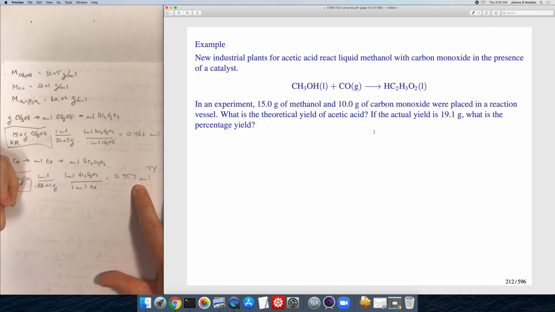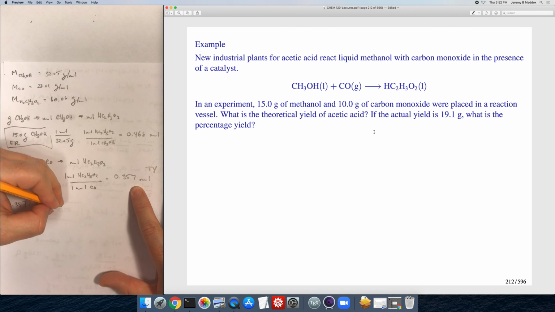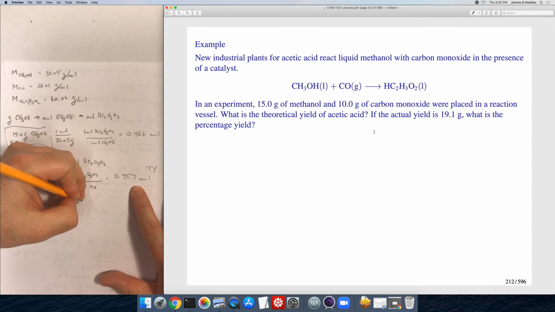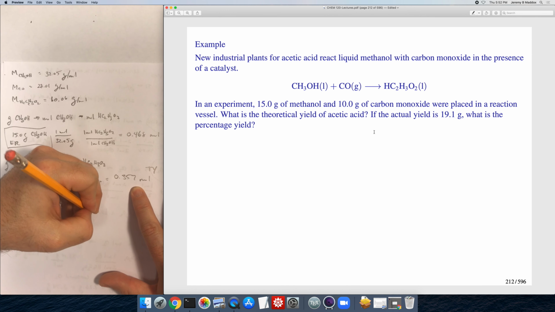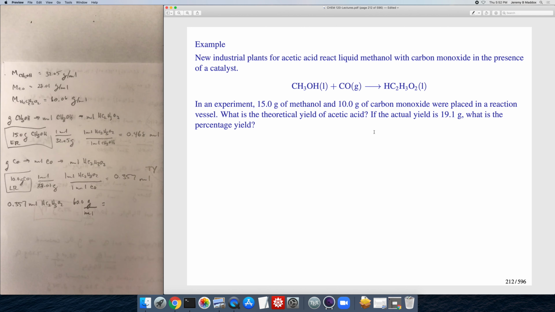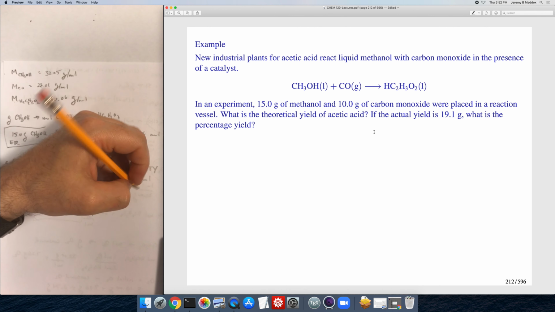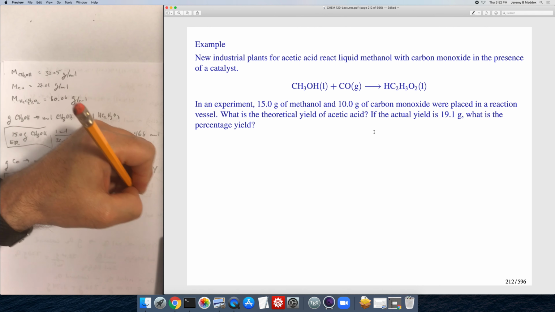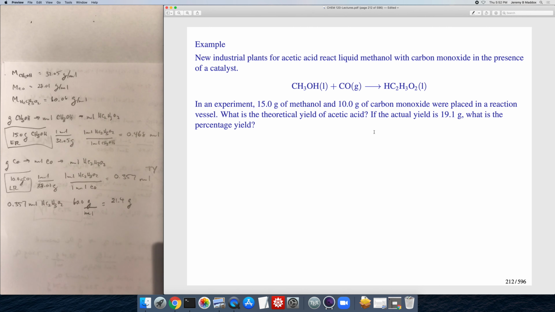So we'll take the 0.357 moles of acetic acid and multiply by its molar mass. We get 21.4 grams. That's the theoretical yield of acetic acid in grams.